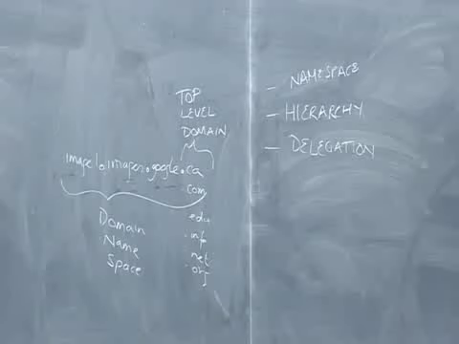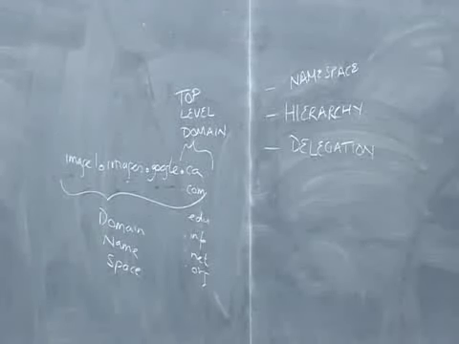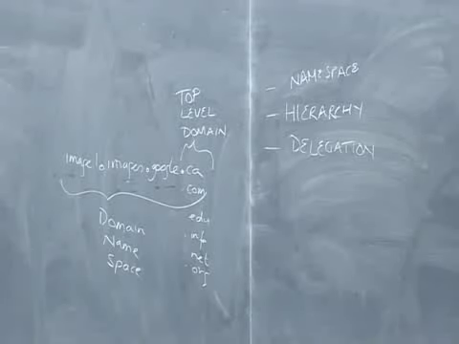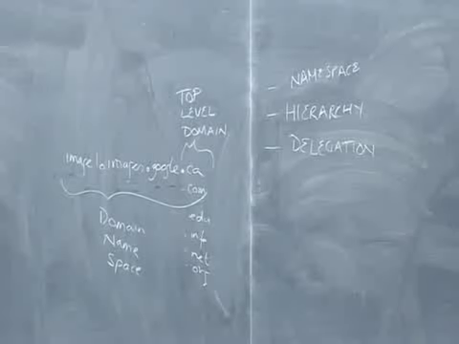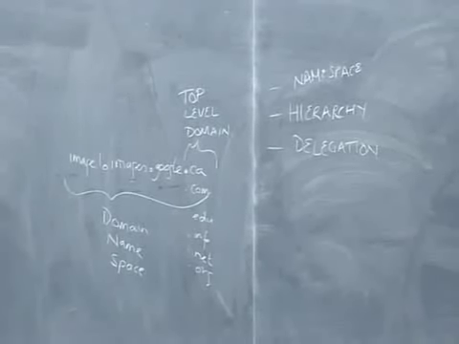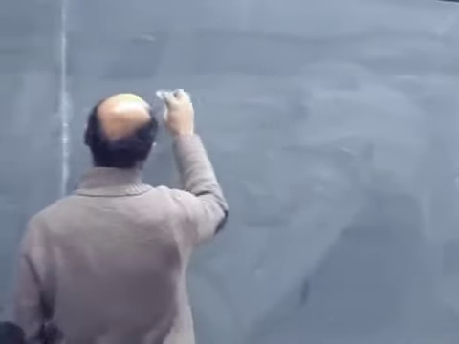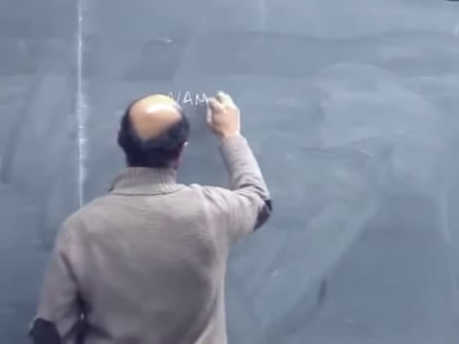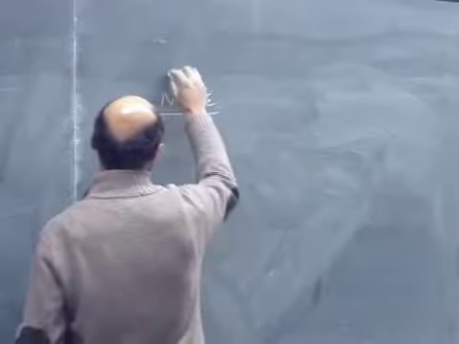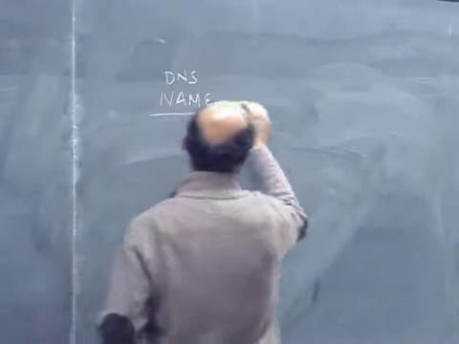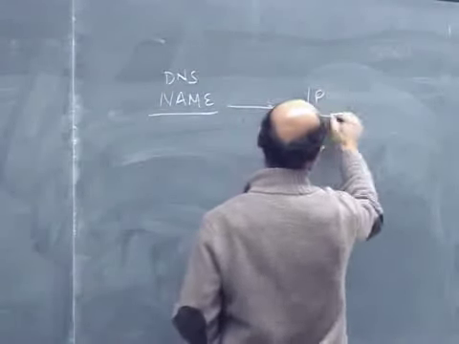So far, all I've said is how we get unique names, but what is the purpose of the unique name? The purpose of the unique name is for us to actually do the translation from a name to an IP address. So this is your DNS name, domain namespace name, and you want to go to an IP address.